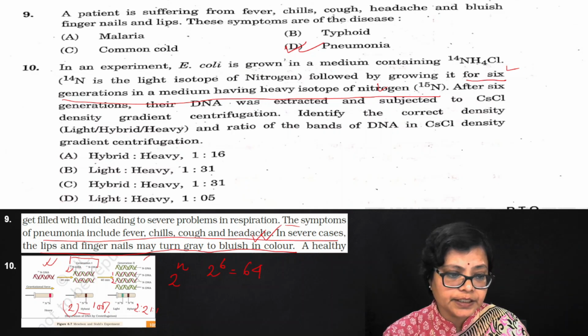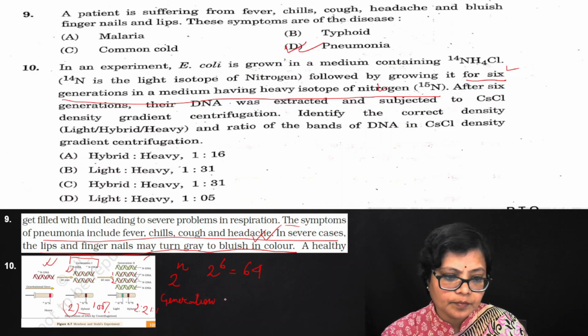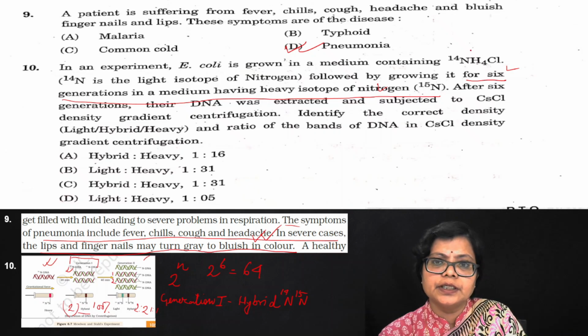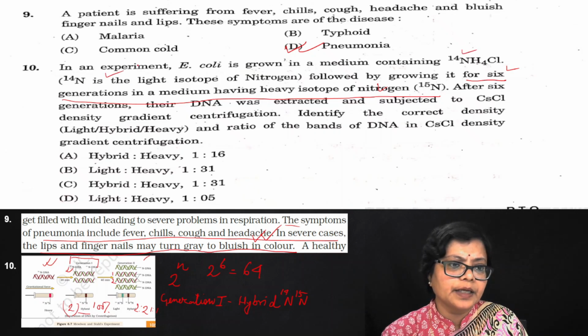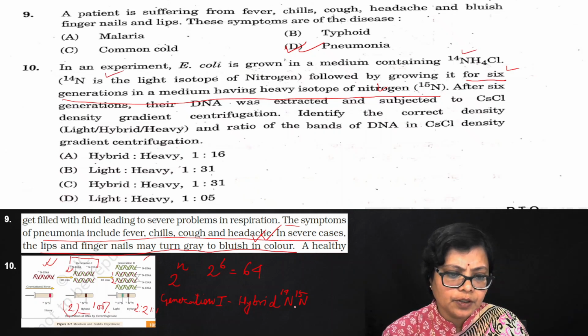Now see, in the first generation there will be 100% hybrid, that is generation 1. Hybrid means N14, N15 type, because initially it was N14 type, the light isotope of nitrogen. So hybrid will be 2 in number, 100%.